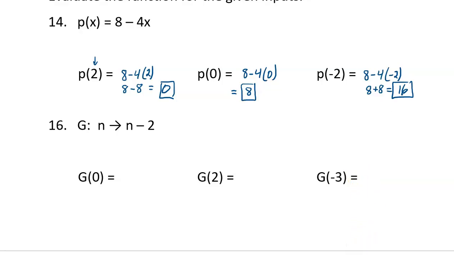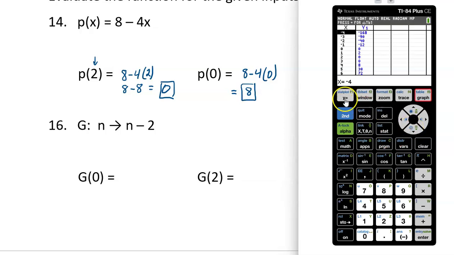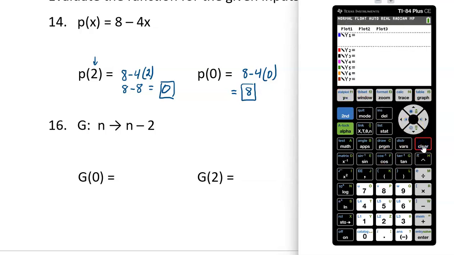Number 16. I'm going to bring up my calculator. Push y equals, clear away the old one, and type in the new function formula. Now it says n minus 2. I can't type the letter n, but I can type x minus 2.